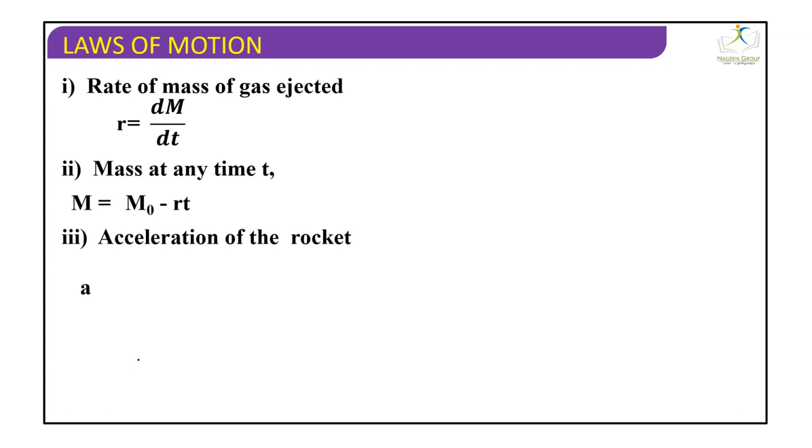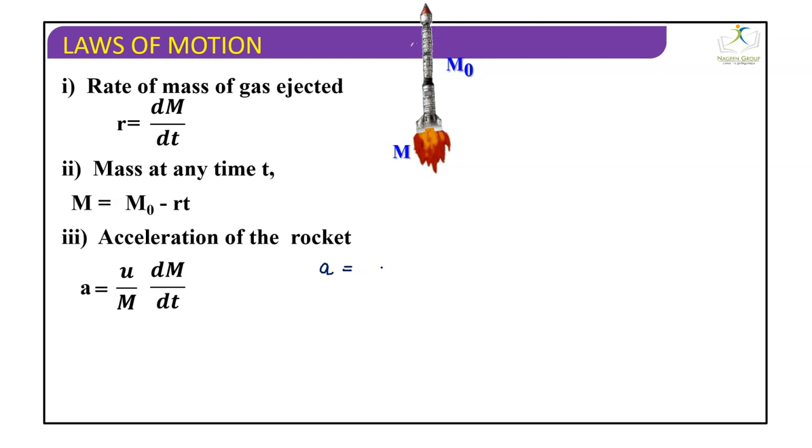Third, acceleration of the rocket. So a is equal to u by m dm by dt. How did this factor come? We know acceleration is nothing but the change in velocity with respect to time, so at a particular time we can say dv by dt. But here the change in velocity comes when the mass decreases.